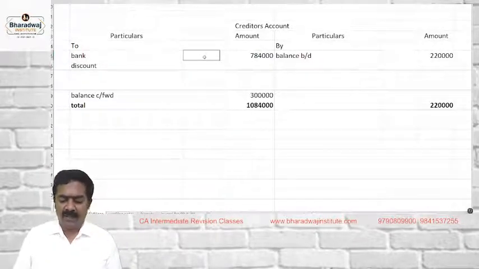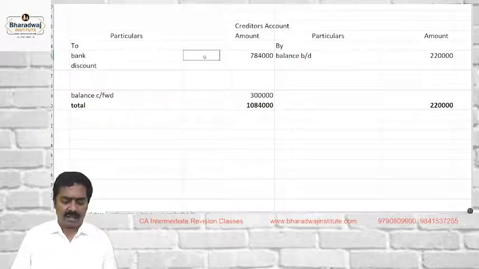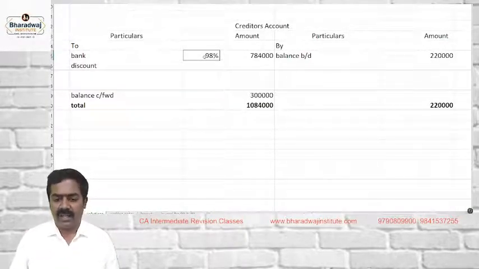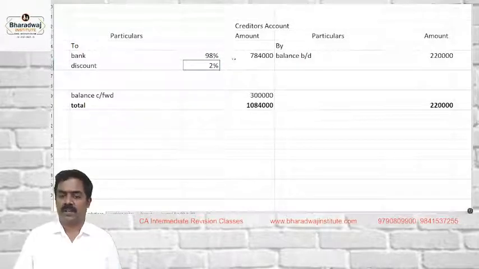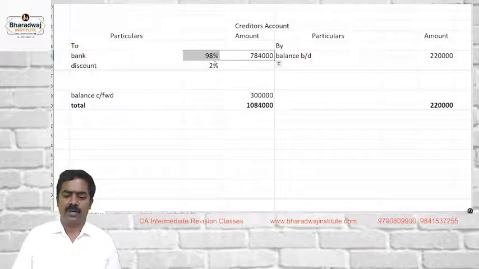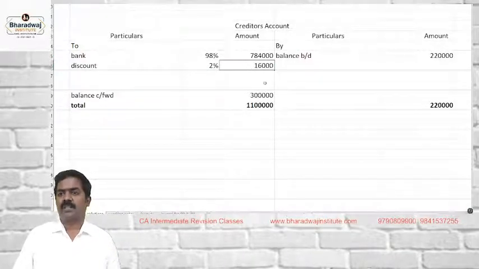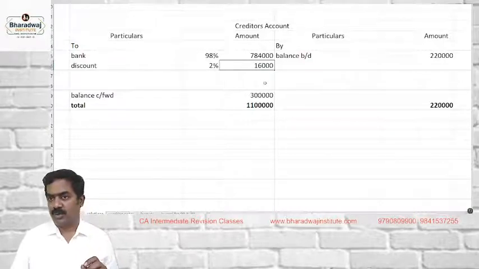If the discount is 2%, the amount paid would have been 98%. If 98% is this much, what is 2%? Cross multiply: 7,84,000 into 2 by 98. How much? 16,000.